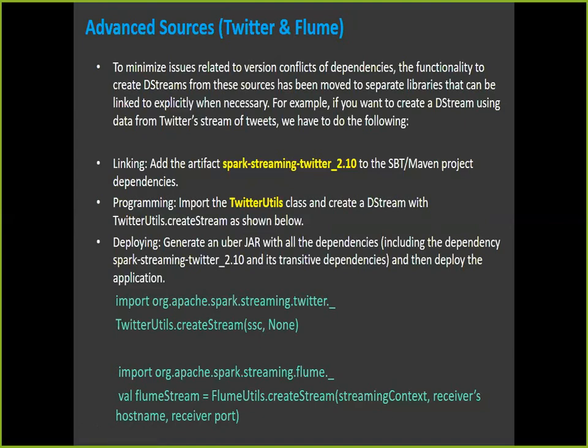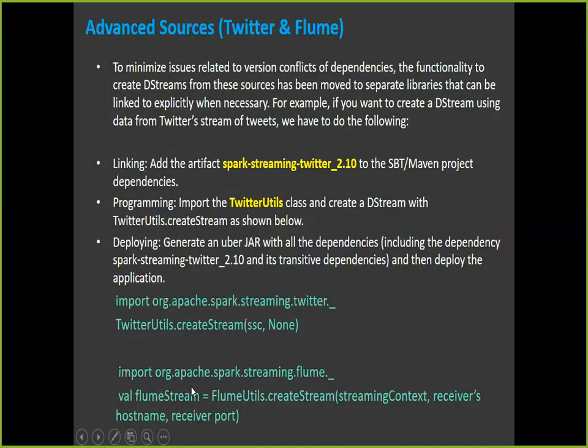Now, on these utils classes, we have create stream methods available. This is the one responsible for taking the Spark streaming context object and any additional parameters that the Twitter utils or the advanced source utils will take, and returns the DStreams for us.